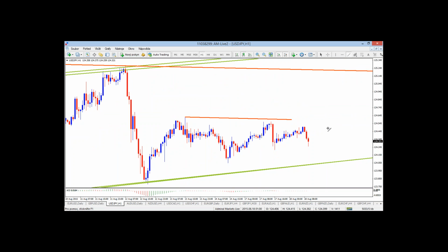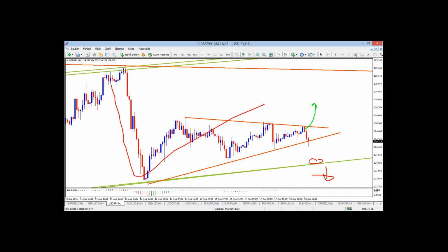Could the opposite happen? Yes. On the 1 hour chart, we have this triangle like this, and we're trying to break to the downside, but the problem is that we have a bigger line here still. So I would rather wait for the green one at the moment. If we do break to the upside here, there could be some small upside.